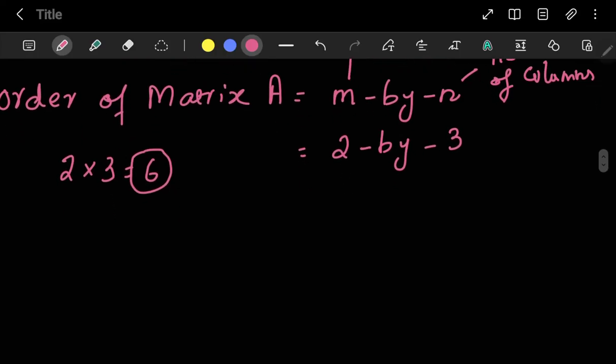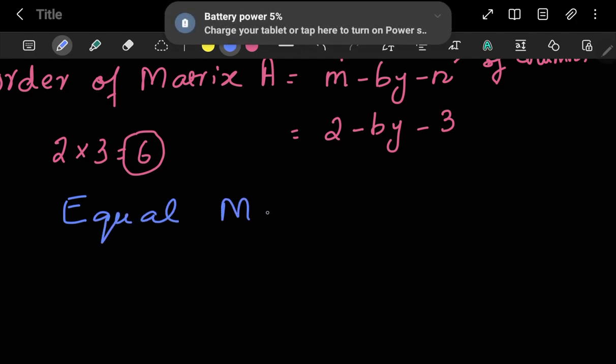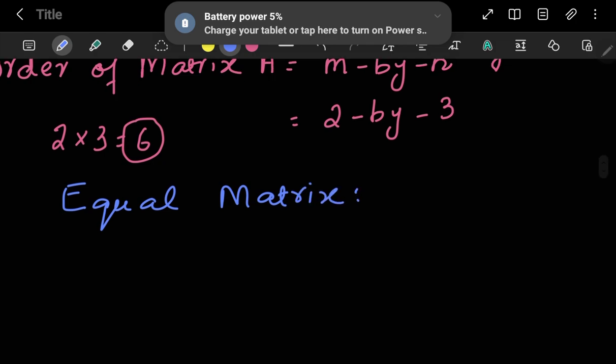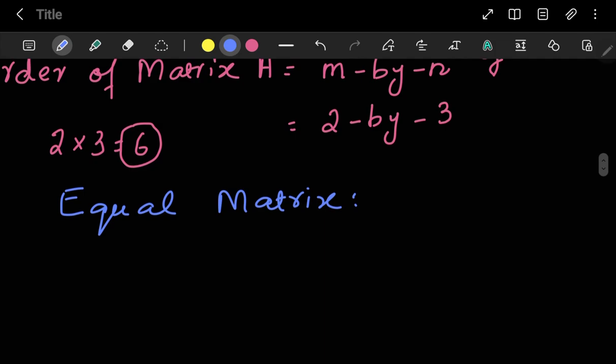Now, equal matrix. What are equal matrices? Let's say we have two matrices.